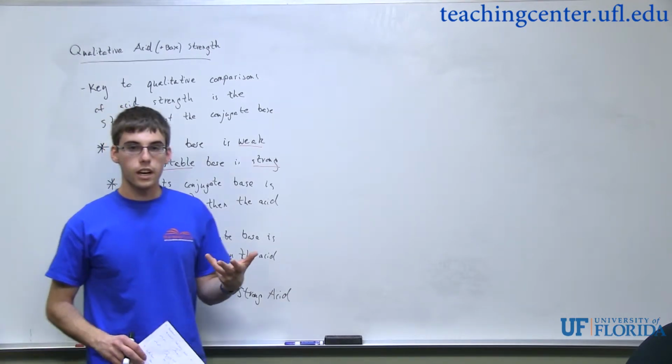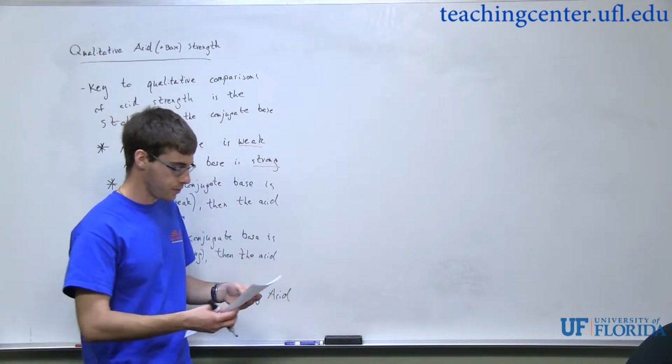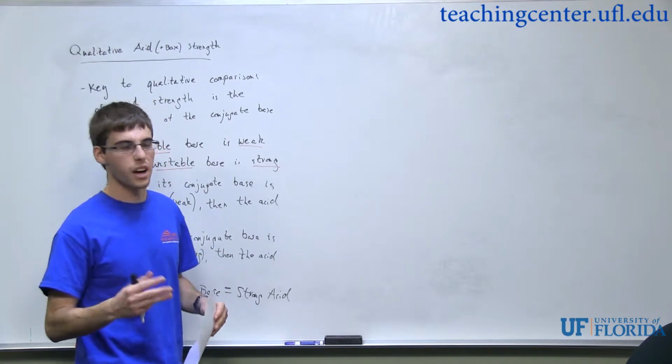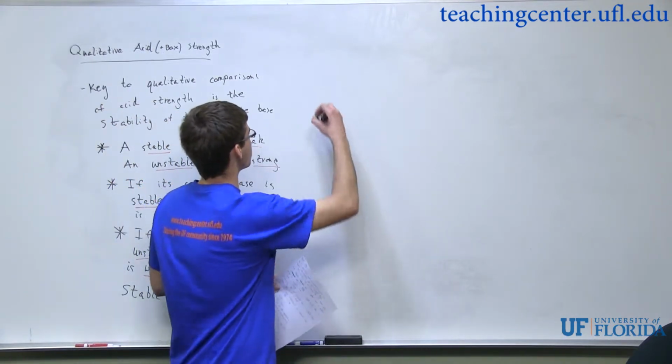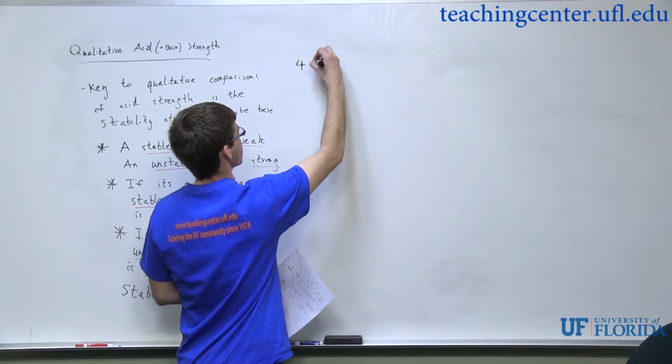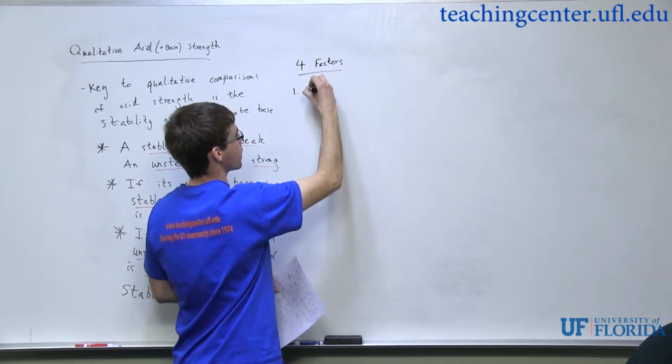So what we're going to be looking at are factors that make a conjugate base more stable. There's four, sort of five, but it's four main ones, and the fifth one is kind of a bonus one. So we've got four factors. We start by looking at the atom.